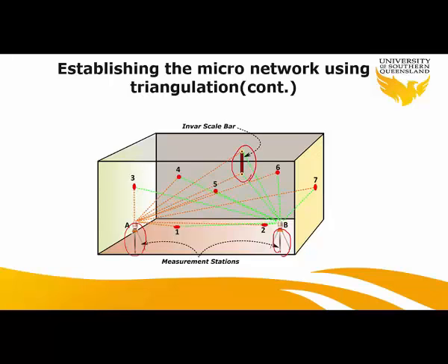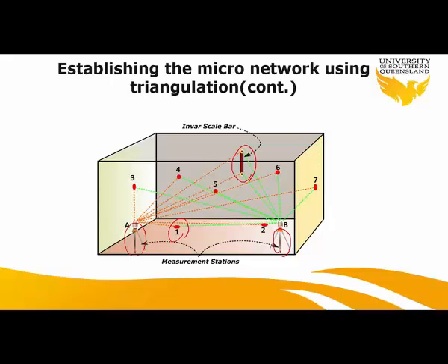The reason for that is we don't measure any distances in this type of micro network, so we do need some kind of scale bar. We know the distance of this scale bar, so if we measure to these 2 points from 2 stations, we should be able to scale the network.